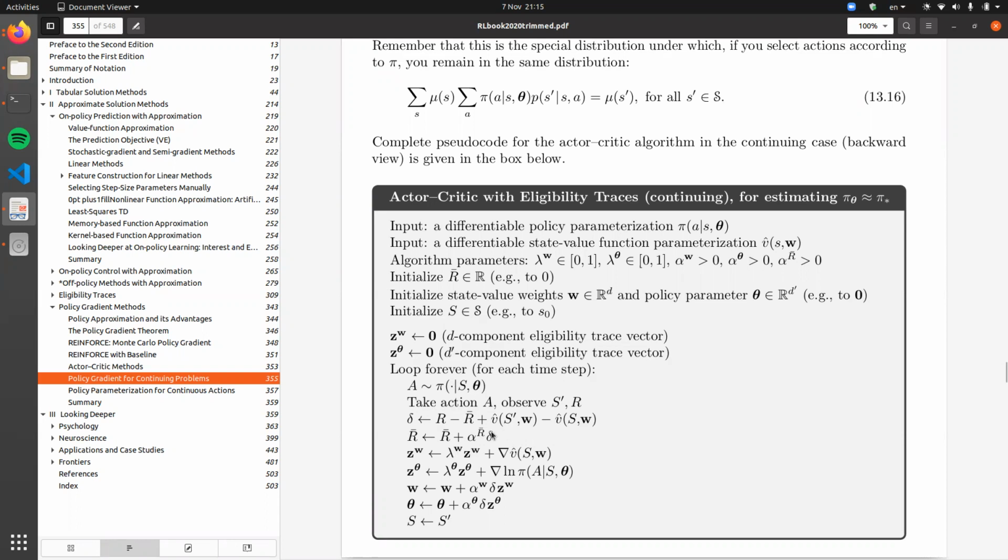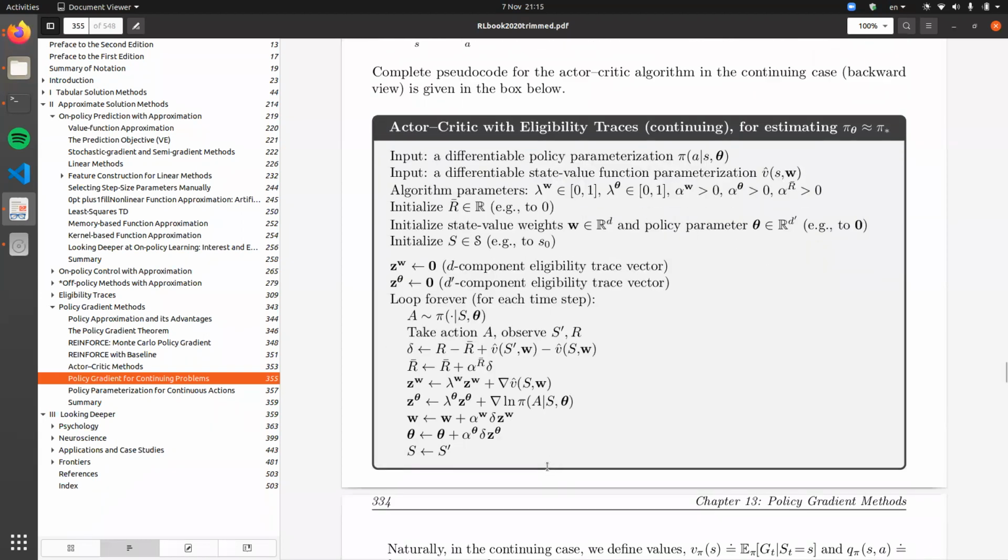We will have another learning rate to update our average reward to make sure that it is representative of what we observed so far. Otherwise, everything is similar to the actor-critic with eligibility traces for the episodic case.